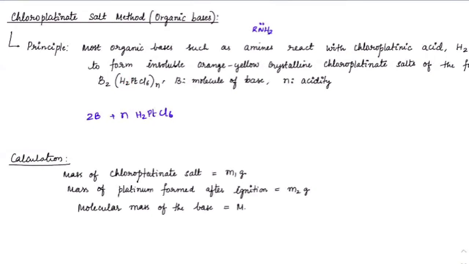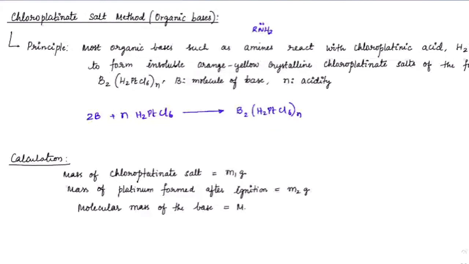So imagine if I take 2 moles of base, it should consume these 2 moles of H plus. Like that you take N moles of H2PtCl6. Then the precipitate that it will be forming is B2 H2PtCl6, N moles. This is the kind of salt that is forming.